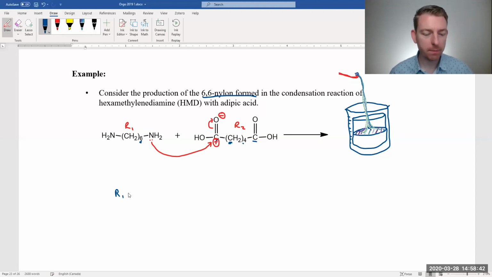So R1 is now bonded to the nitrogen, and we haven't lost any of the hydrogens yet, right? So it's going to be bonded across to this carbon right here. This is the bond we're just making. That carbon is now bonded to its OH group, as well as a singly bonded, negatively charged oxygen, and then through to the rest of its molecule.